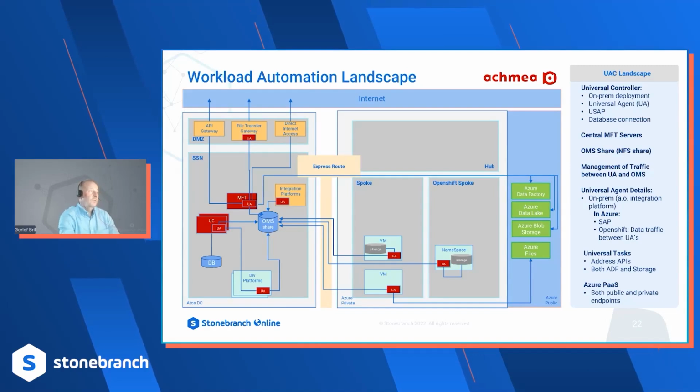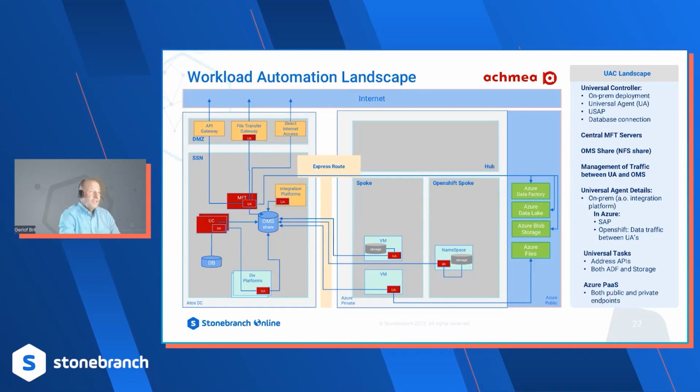I will come to that a bit later, but that's the way we technically arranged it. We have an agent infrastructure in the cloud as well, and we are controlling all the agents from the central controller, still in our on-prem environment. And you may imagine that we want to move that central controller to Azure as well in the near future.